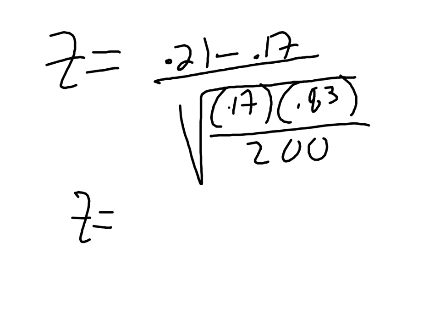Normally, the way I would approach this would be I'd find the numerator, and then I'd find the denominator, and then I would do a separate step, my last step, of dividing the numerator by the denominator.